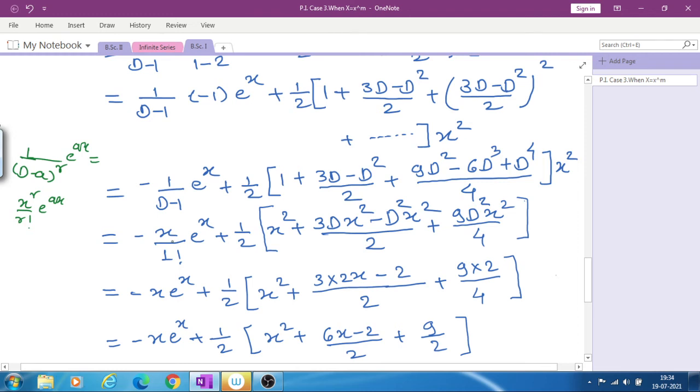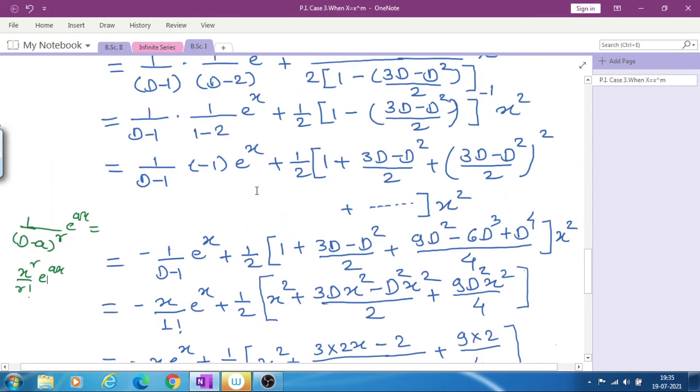So this becomes minus x e raised to x. This is how we have calculated the particular integral for e raised to x.